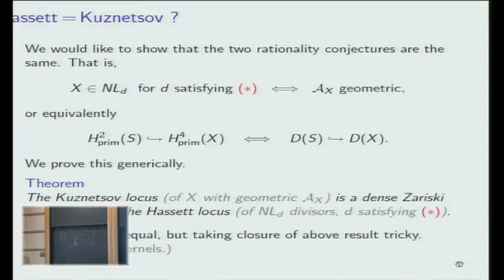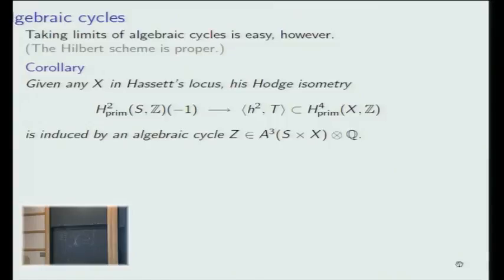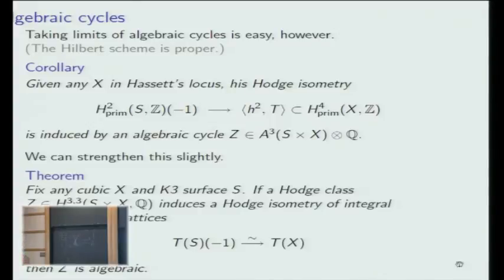Okay, so you can't take limits of these Fourier-Mukai kernels in any nice way, but you can take limits of algebraic cycles. So a corollary of this is that this is going to be true over the whole of Hassett's locus, not just a Zariski open. So for instance, we can prove that this Hodge isometry between the primitive cohomology of the K3 surface and the fourth cohomology of the cubic fourfold is induced actually by an algebraic cycle.